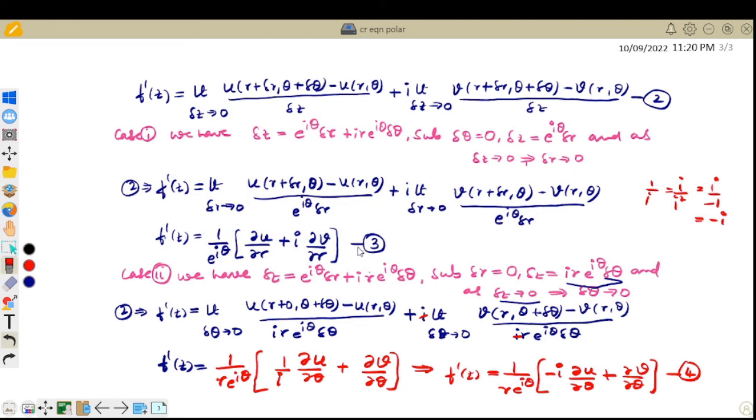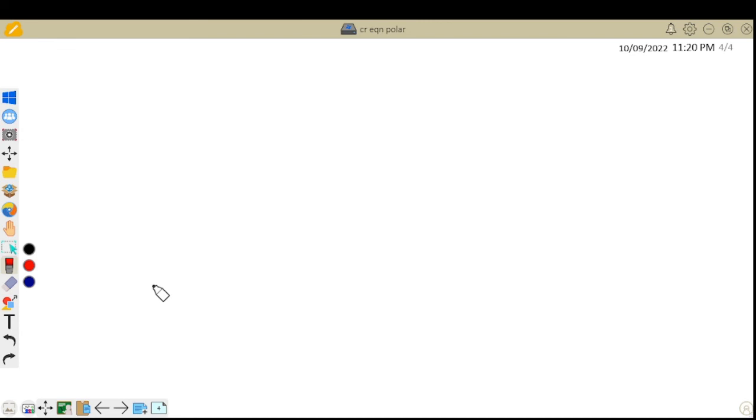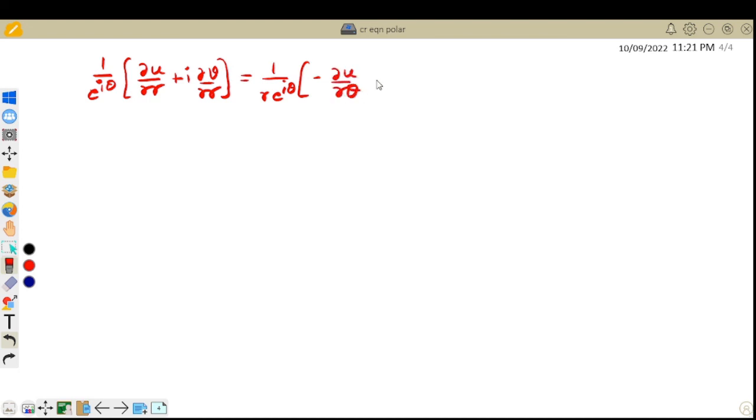What is the right side of both equations 3 and 4? 1 by e raised to i theta into dou u by dou r plus i into dou v by dou r is equal to 1 by r e raised to i theta into minus i dou u by dou theta plus dou v by dou theta.